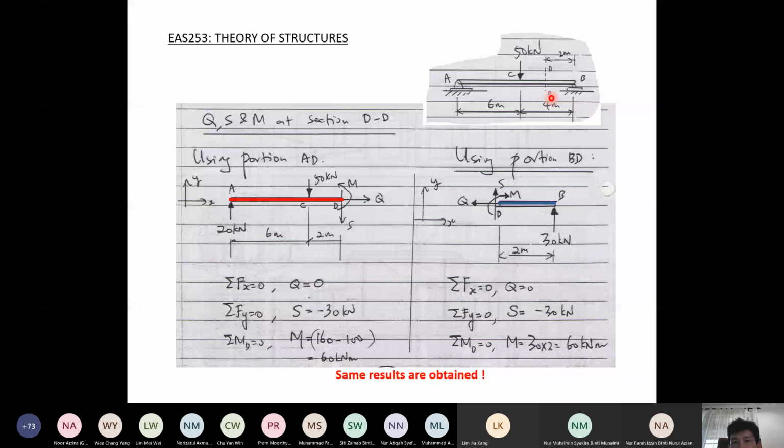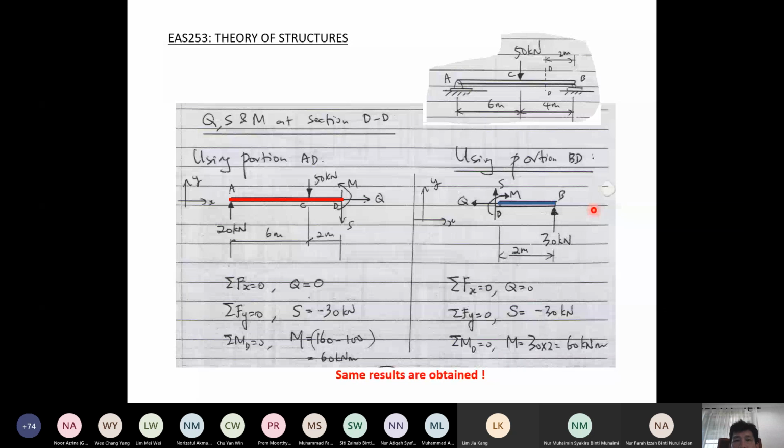If you cut this, you get 2 parts, one on the left-hand side of the cut, one on the right-hand side of the cut. We have applied the 3 equilibrium equations to determine Q, S, and M. We get the same set of values, regardless of whether you're using this side or the right-hand portion of the cut section.